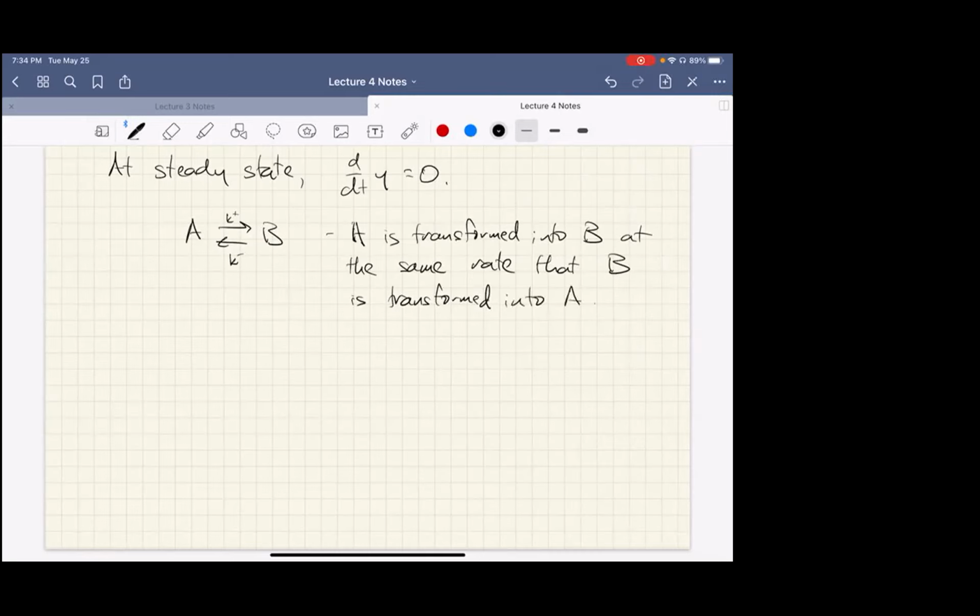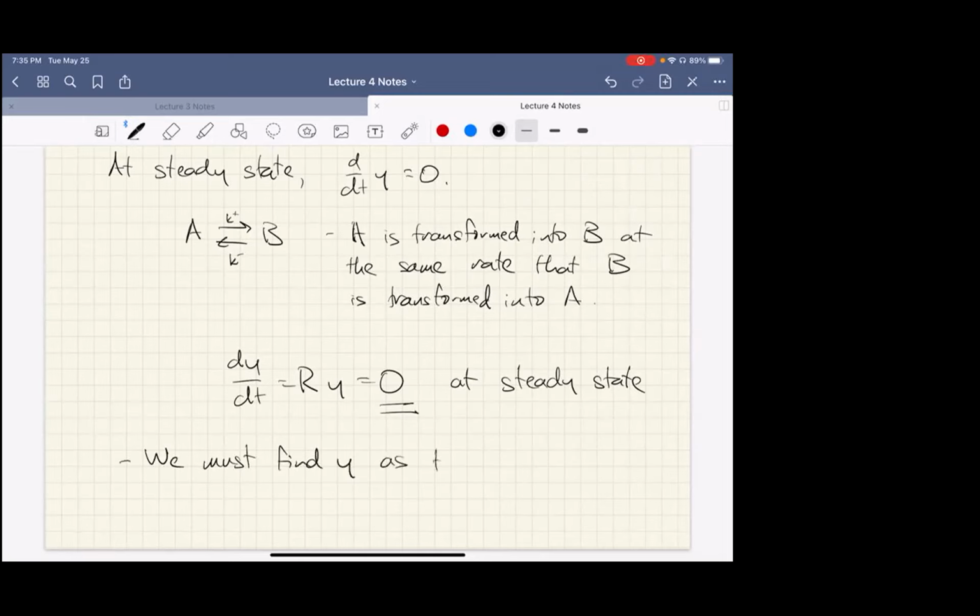What does this mean? So if I write down my master equation again, if this is 0 at steady state, then we must find y as the solution to Ry equals 0.